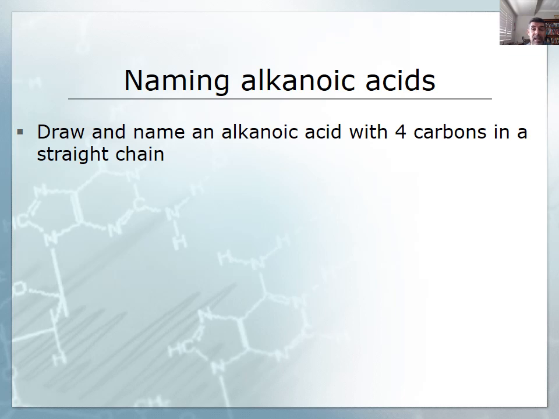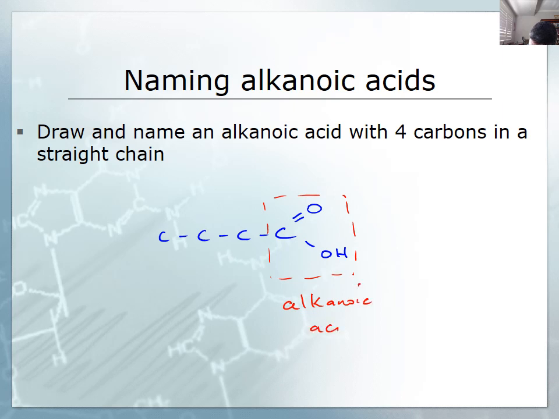So if we want to draw and name an alkanoic acid with 4 carbons in a straight chain, then we want 1, 2, 3, 4. Off the 4th carbon is the functional group. If I just do it in red, this is the functional group, and this is what makes it an alkanoic acid.